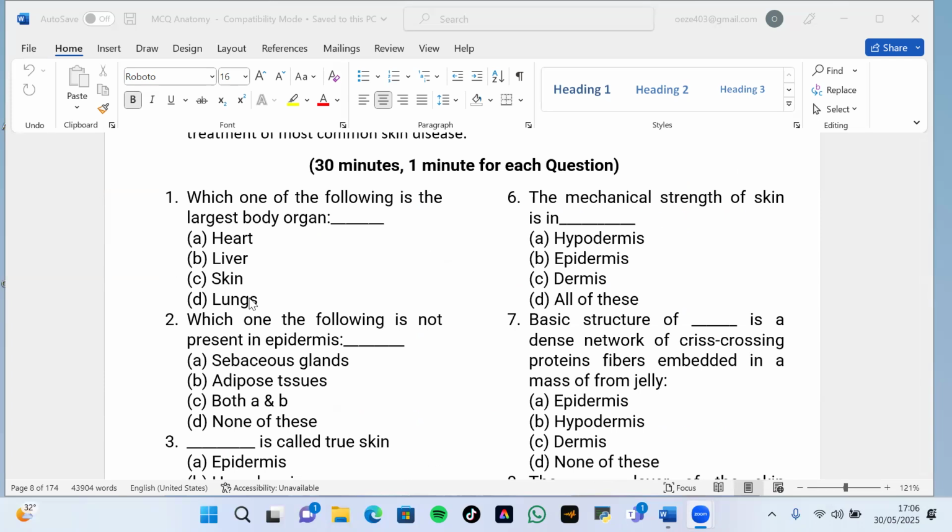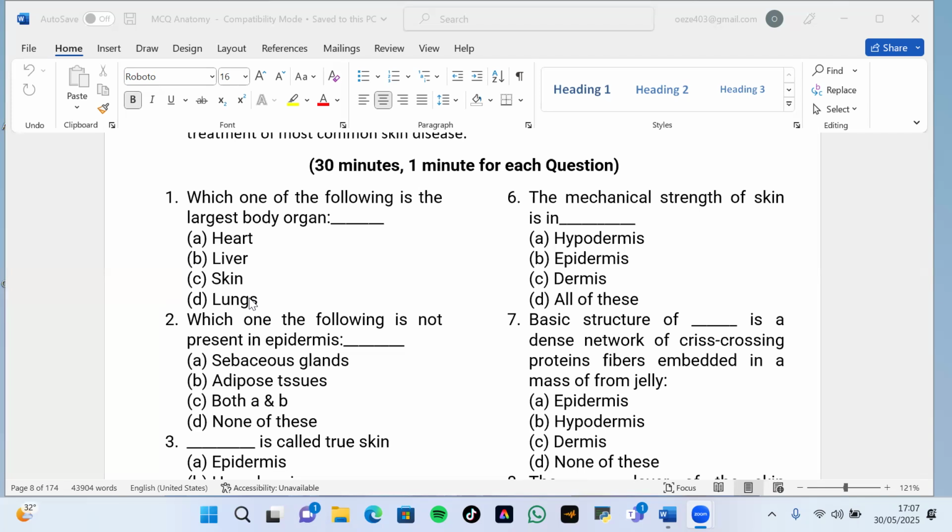The skin is considered the largest body organ. Of course, you can see for yourself, the skin covers almost all parts of the body, and as such, is the largest organ of the body.